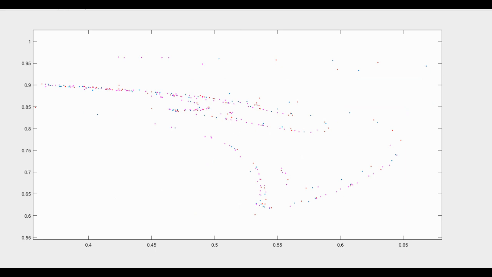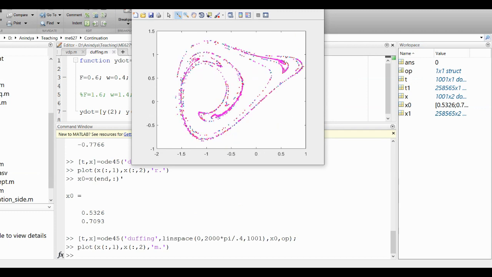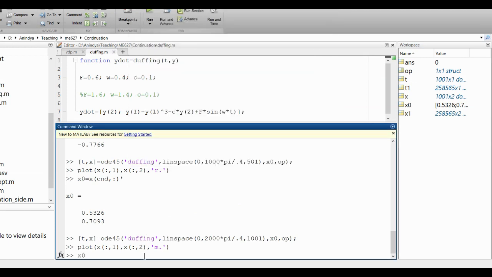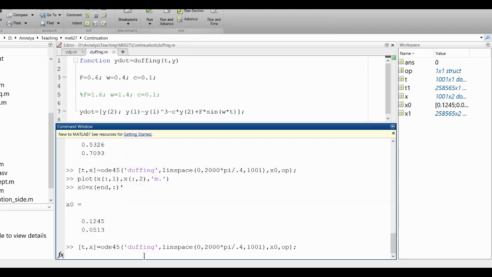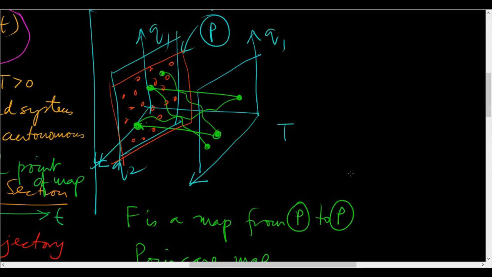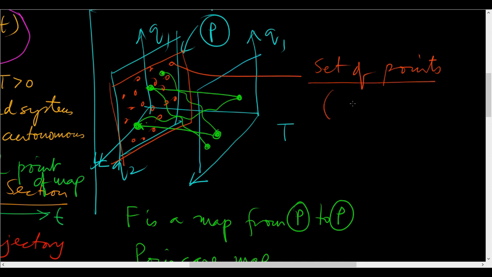Okay, so when we come here, that set of many points, right, are a subset, right?